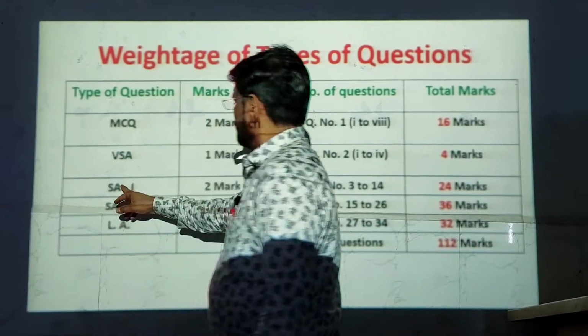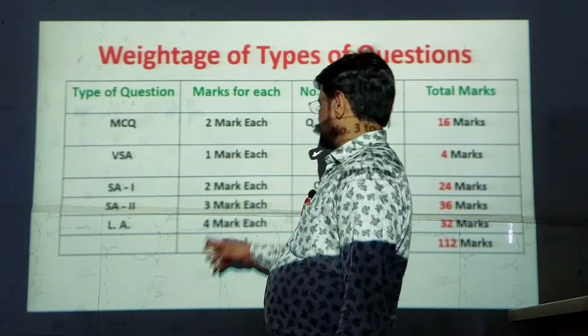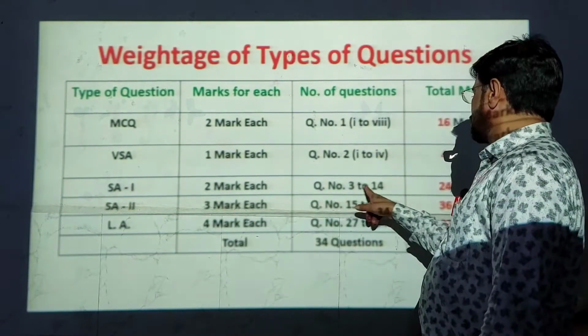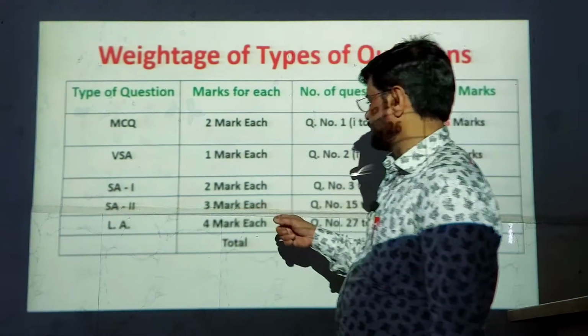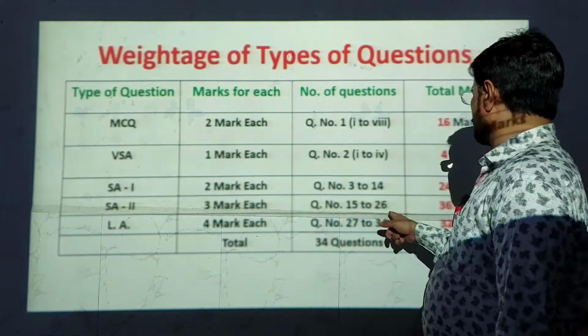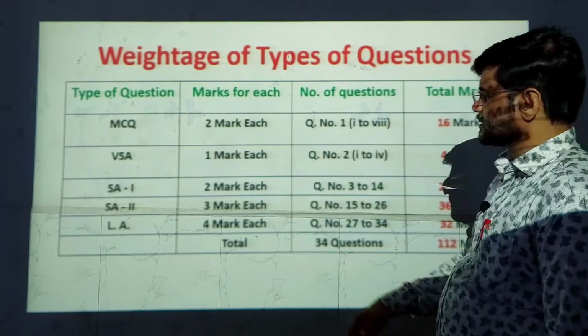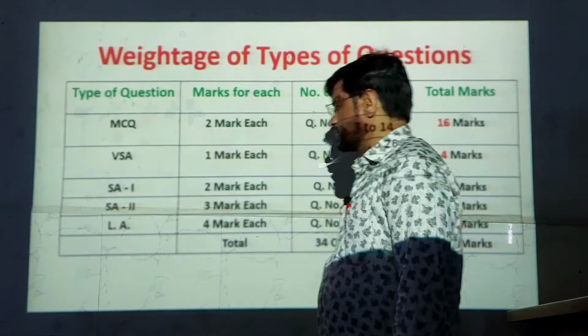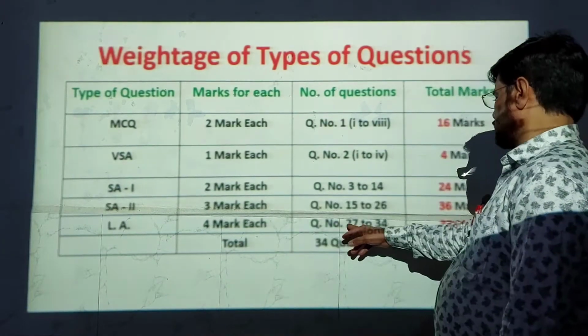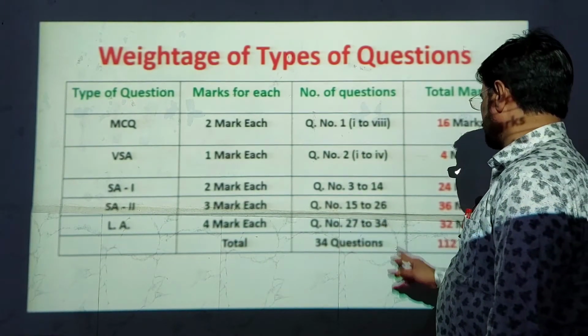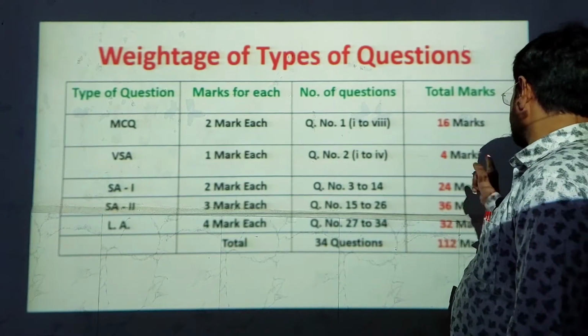Now short answer type 1, 2 marks each, 3 to 14, for 24 marks. Short answer type second, 3 marks each, 15 to 26, it has 36 marks. And long answer type questions having 4 marks each, the question numbers from 27 to 34, it has 32 marks.